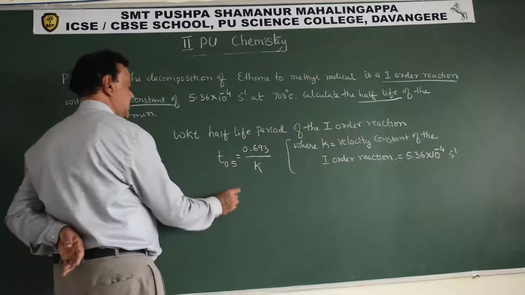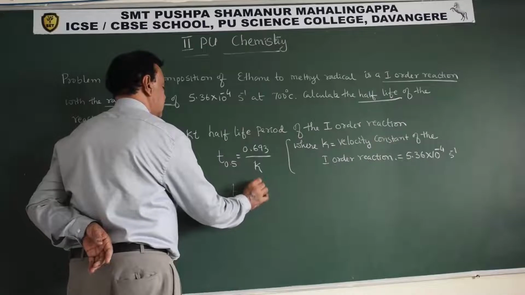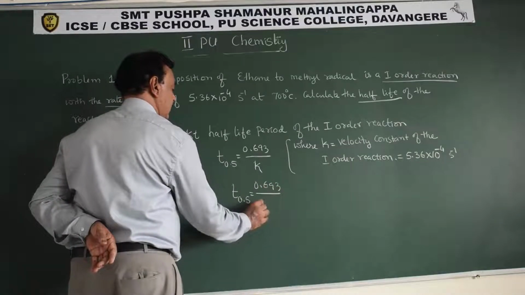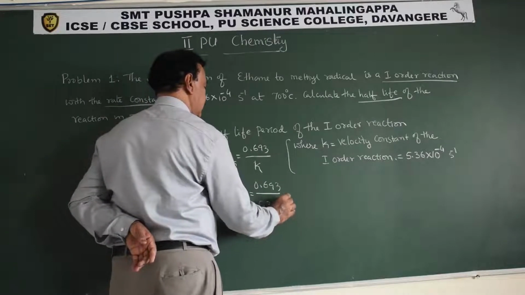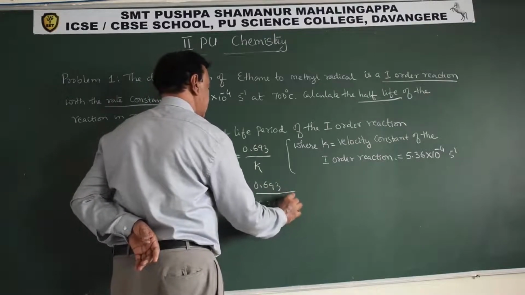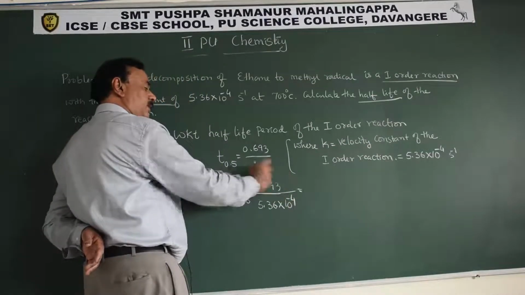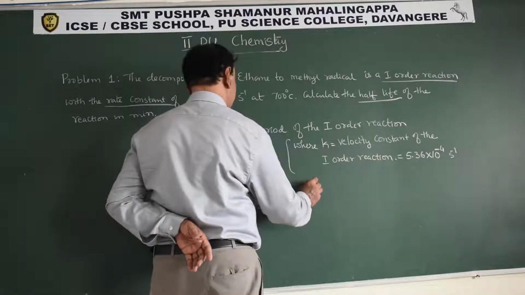Substitute the values in this expression. So T half is equal to 0.693 divided by 5.36 times 10 to the power of minus 4. When 10 to the power of minus 4 comes to the numerator, it becomes 10 to the power of plus 4.